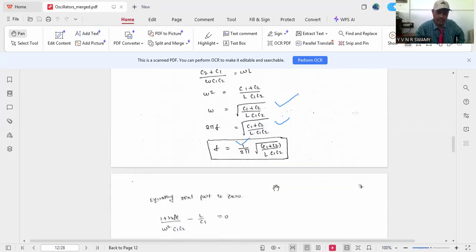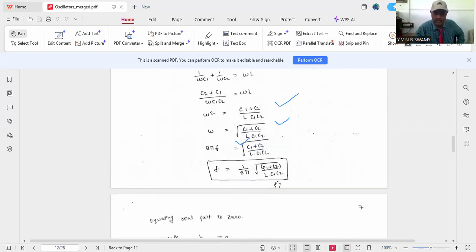So f is equal to 1 / (2 pi root(L C equivalent)), where C equivalent means C1 C2 / (C1 + C2).